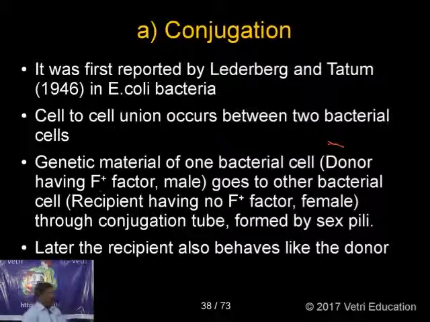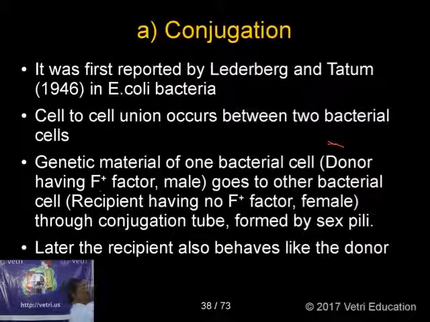So later the recipient has the characteristics of the donor. This donor is male, and the recipient becomes male. So the female cell becomes a male cell through this conjugation. This is a very interesting type of reproduction: the transfer of genetic material from one cell to another, so the recipient cell has the characters of the donor.